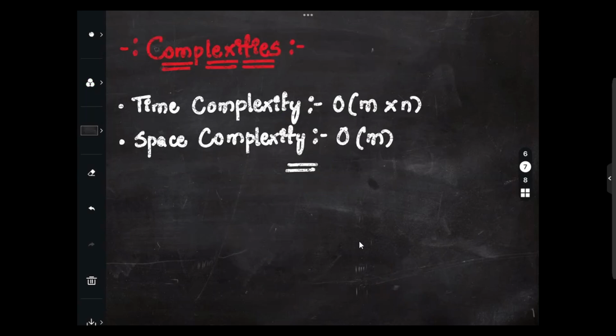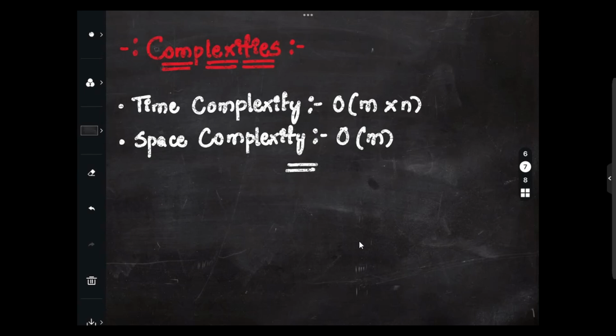So the time complexity will be big O of m into n. Why will the time complexity be big O of m into n? M is nothing but the length of the shortest string. In our case, the shortest string was this one, flow, right?